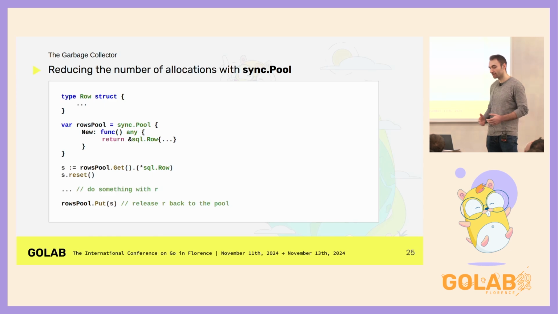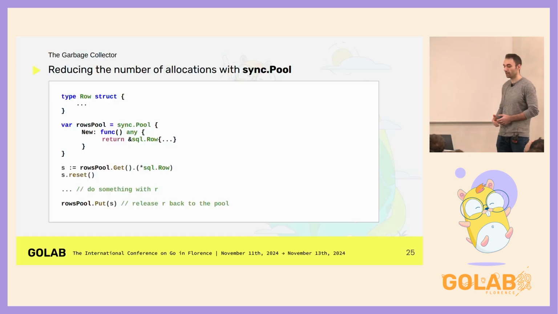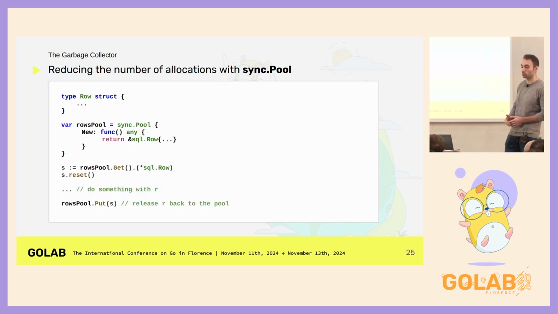So for example, there are scenarios where objects get allocated frequently, they are short-lived, and they just go out of scope quite fast. That's where we can use what sync.Pool offers us.